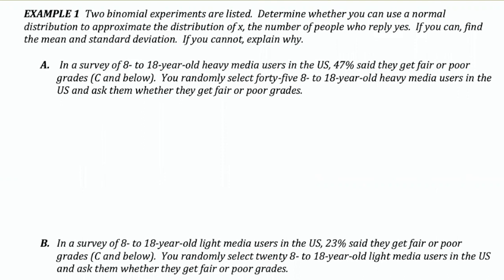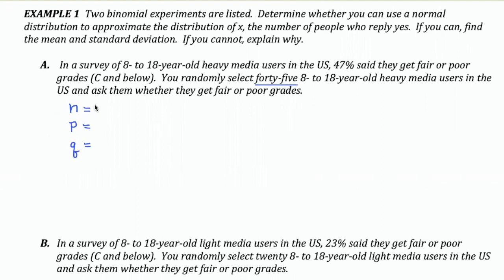You randomly select 45 8 to 18-year-old heavy media users in the US and ask them whether they get fair or poor grades. So they're going to reply either yes or no, which makes this a binomial probability because there's only two possible outcomes, a success and a failure. So we would want to begin by identifying n, p, and q. The number of trials is 45.